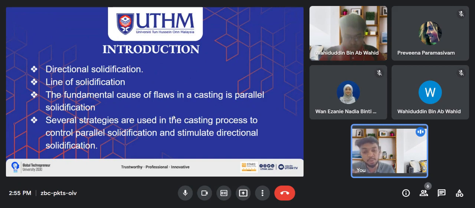Insulated sleeves are also utilized to keep the mold at a consistent regulated temperature. Finally, to guarantee the directed solidification, the rate of flow and temperature of the molten supply are carefully regulated. So in this topic, we will see further aspects and terms, and that is my part, and Mr. Wahidin will be continuing his part.